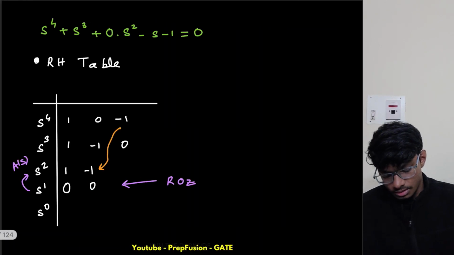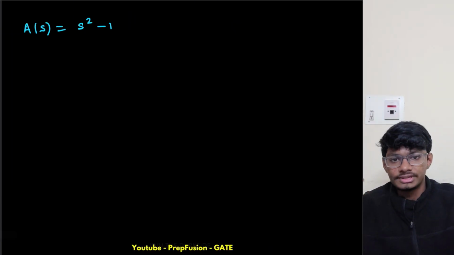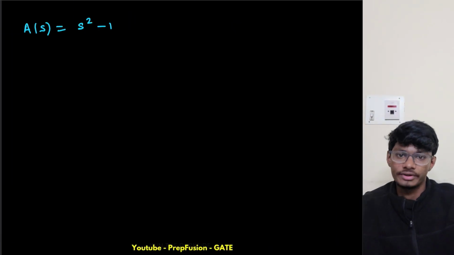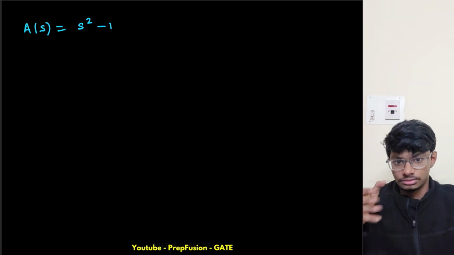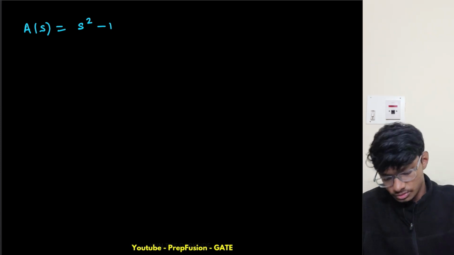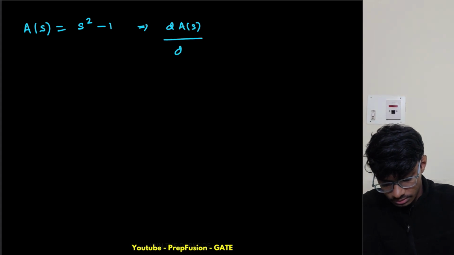Now what do I do? Generally I differentiate the auxiliary equation to find the coefficients of my row of 0, to change those rows of 0. So now we'll differentiate this auxiliary equation to find the coefficients of my row of 0.